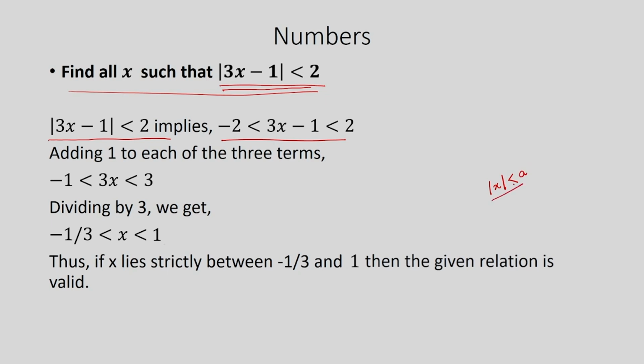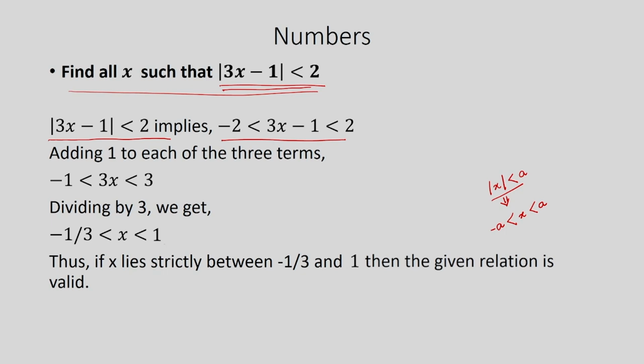This is given to us. What this actually implies is that x lies between plus a and minus a. Okay, so that is what it means. a is any positive constant.